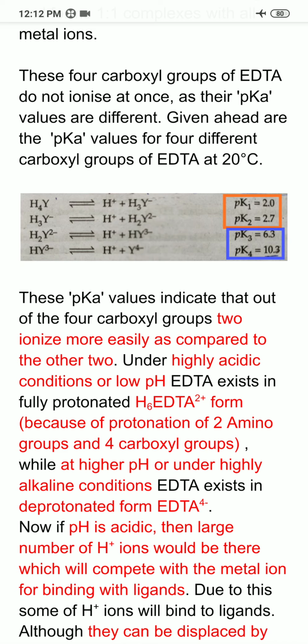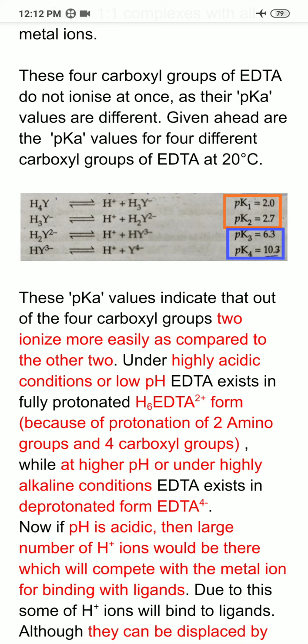It means that if pKa values are less, then the dissociation constant would be high. It means the first 2 protons ionize easily because their dissociation constants are high. It means that 2 protons can be removed easily from EDTA.